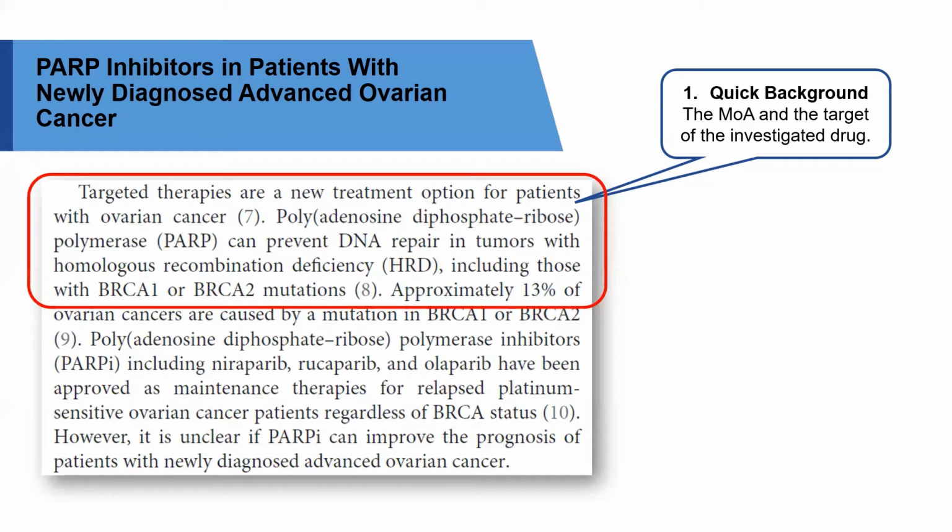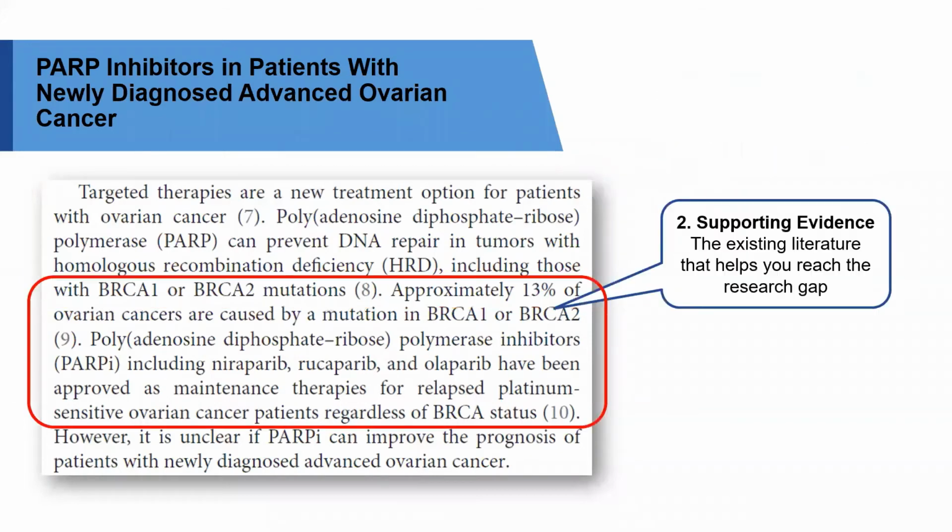So again, they started general, and then they focused on the mechanism of action and target of these therapies, and they focused on the population they are going to talk about, which are ovarian cancer patients with BRCA1 and BRCA2 mutations. The second part, they supported their scientific claims with evidence.